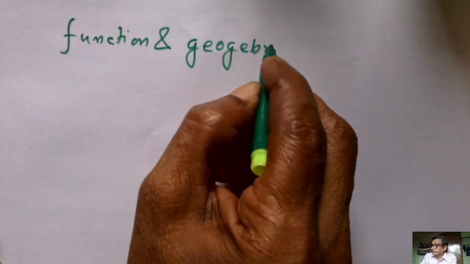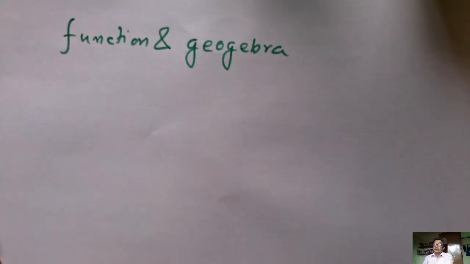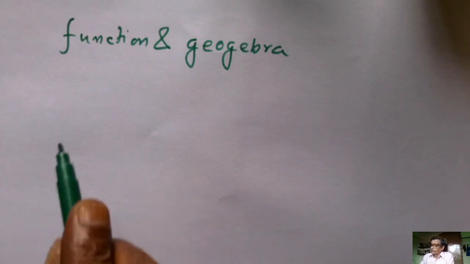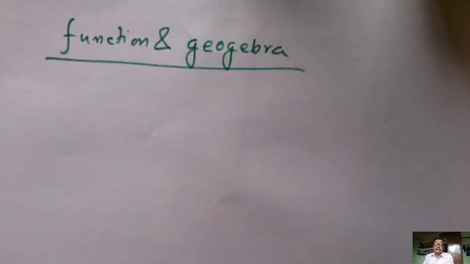We will see how GeoGebra very efficiently sketches a function with the help of just a description of the function in the algebra window. Clear? It is a very interesting and important topic. So let us try to do that.